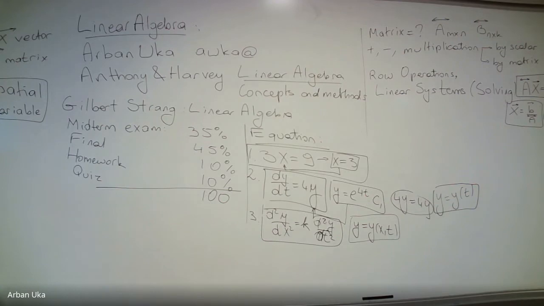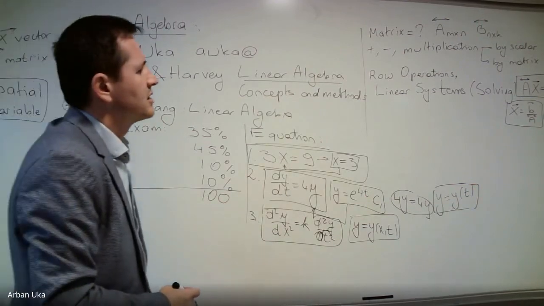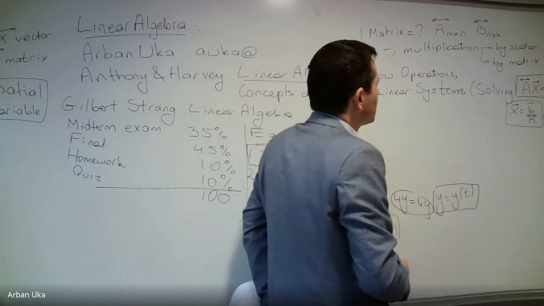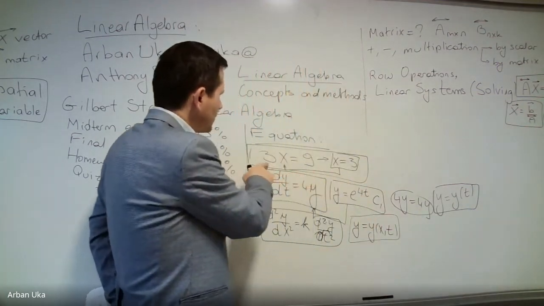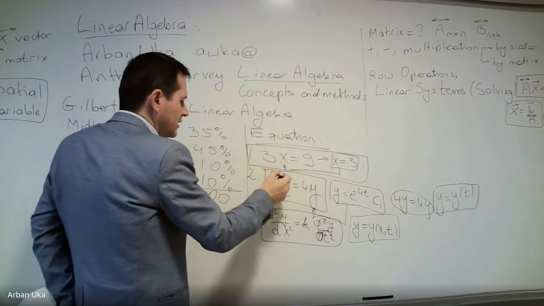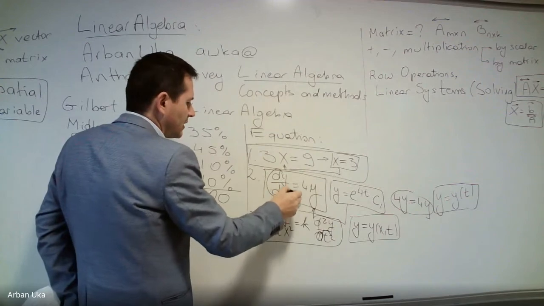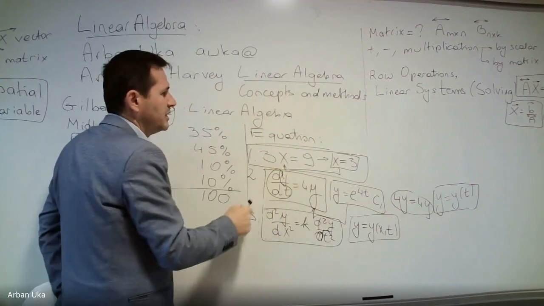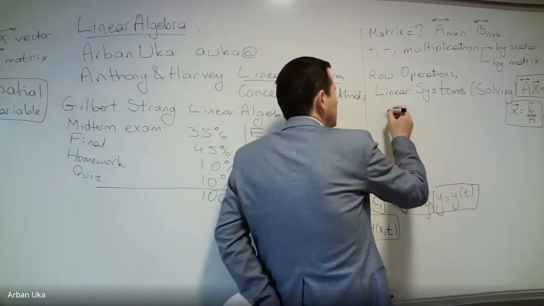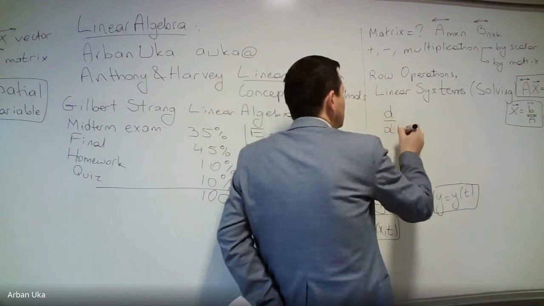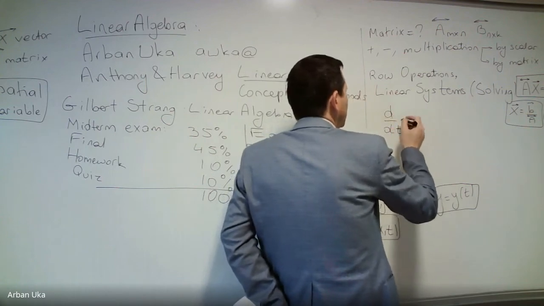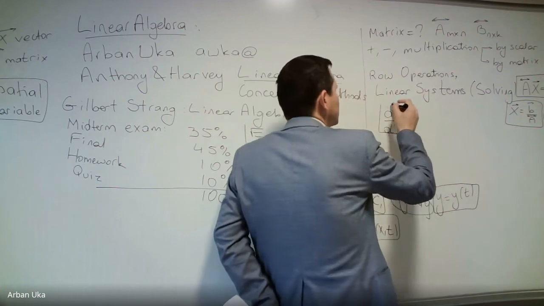Now, when you say solving linear systems, here this was an equation, but here this is an operator, okay? What this part means, for example, d over dt of a variable y, is in itself a function.